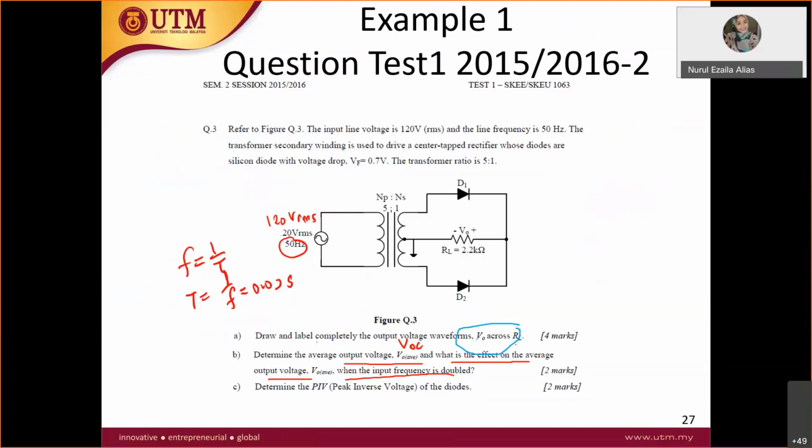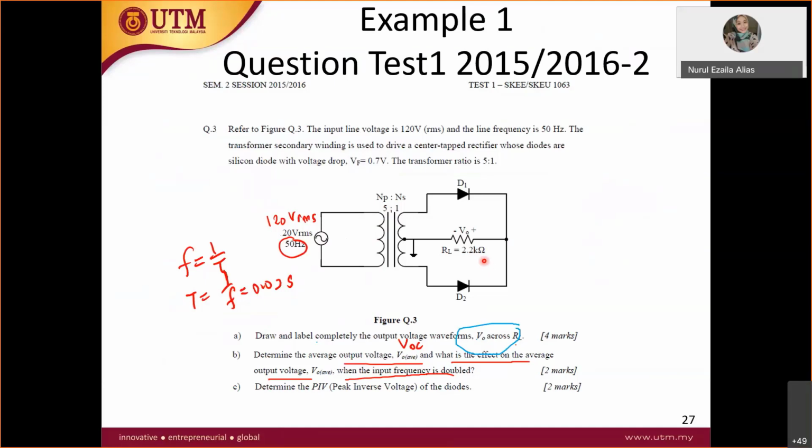Because it covers everything: from RMS to V peak, then you use the step-down transformer and calculate the output peak voltage, where you convert from RMS to peak, then you draw the output waveform, and then you calculate the average voltage where you apply the formula for the DC voltage. So this covers everything for the center tap.